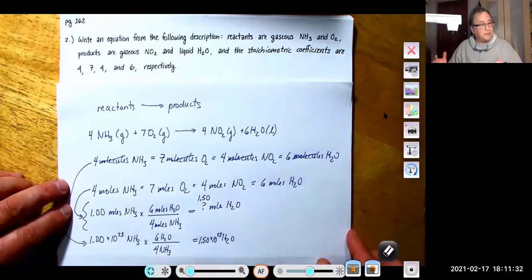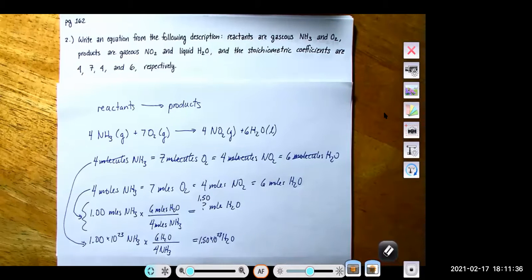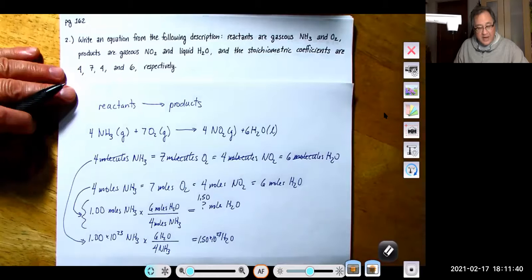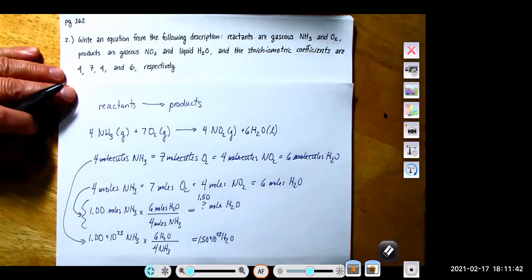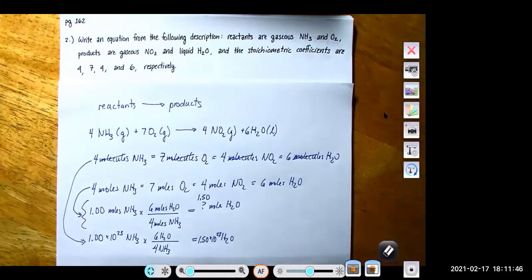So the point is, with the balanced reaction, it can be single molecules or it can be moles of molecules. Okay? Right. So, for example, the second one, you would use it if you're actually working with quantities of something, right?